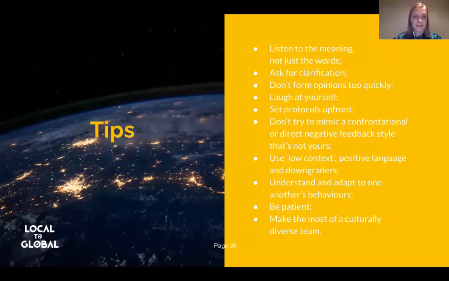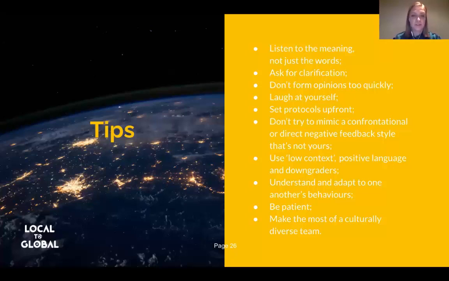But also reflect that some cultures might be less engaging with their body language than others, and that doesn't mean that they trust you any less or feel less happy with you. But also it's important to ask for clarification if you're unsure, and try not to mimic the culture based on your understanding of it, because they will also understand that you come from a different culture.